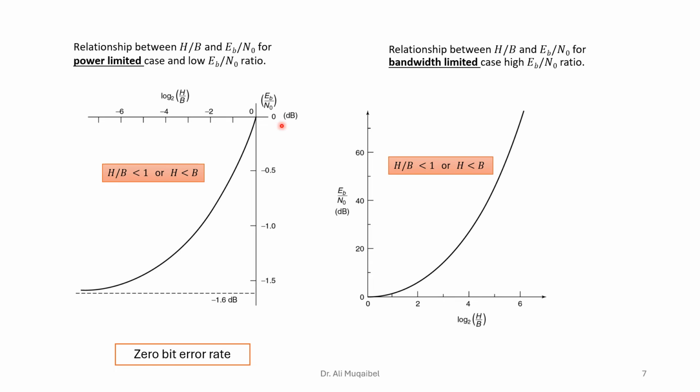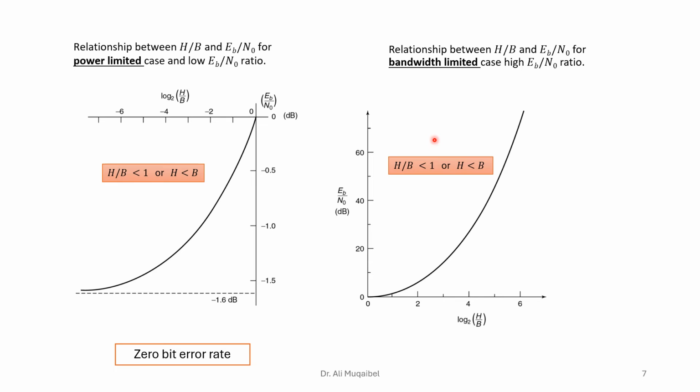As you go low on power, the spectral efficiency decreases, it goes to the side. As you increase the power, the spectral efficiency increases. So as we go up, we can see that the spectral efficiency increases. This is called the power limited case, and this is the bandwidth limited case.